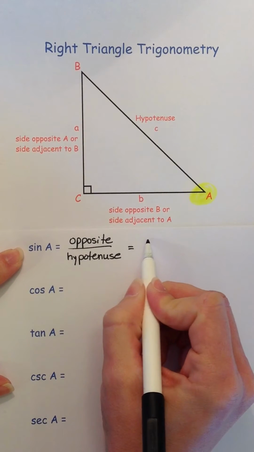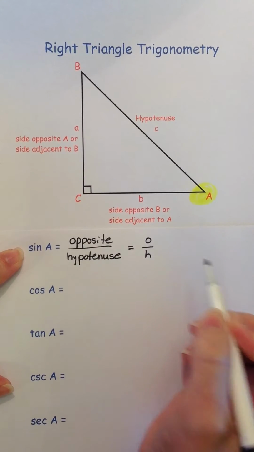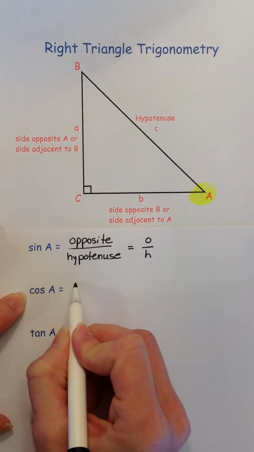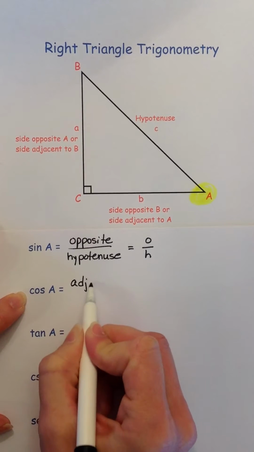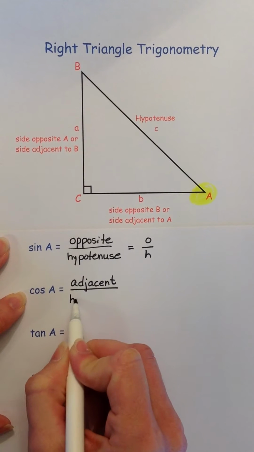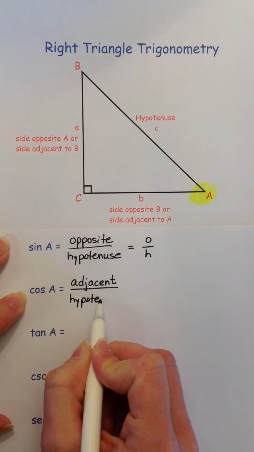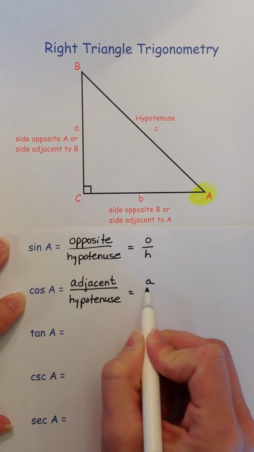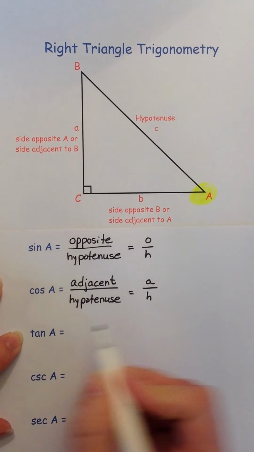It's commonly abbreviated O over H. Cosine of angle A is adjacent over hypotenuse. We always abbreviate it as A over H.